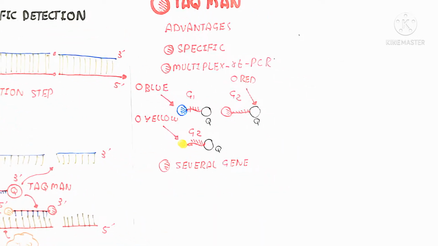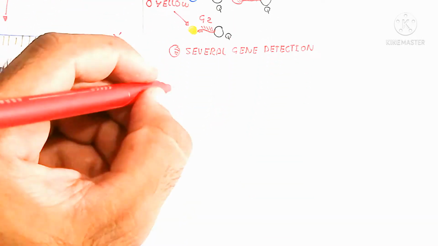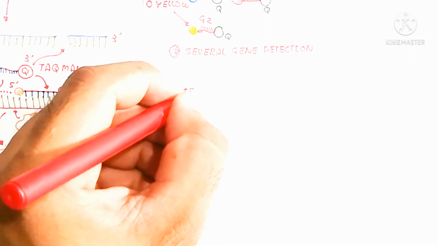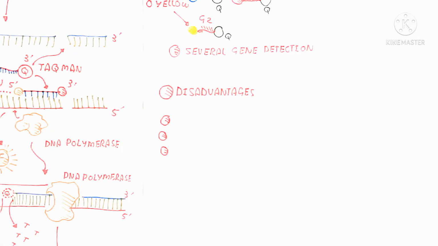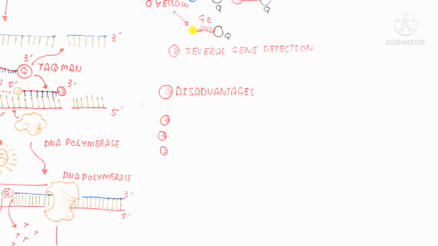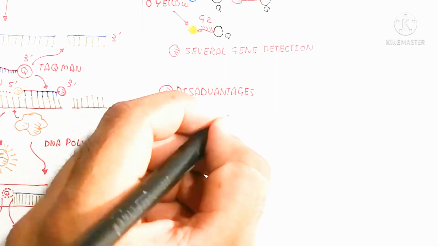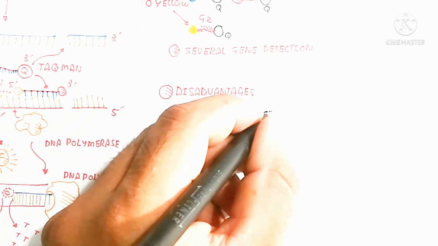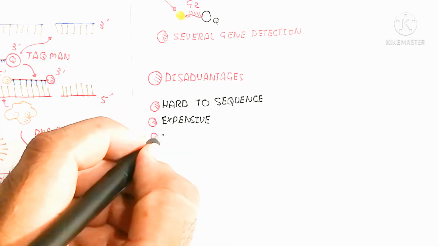So the advantage of TaqMan is that it is specific, and multiplex real-time PCR basically contains different types of color, blue, red and yellow, and we can identify the gene of interest easily. So several genes can be detected in the same cycle. And there are disadvantages also.